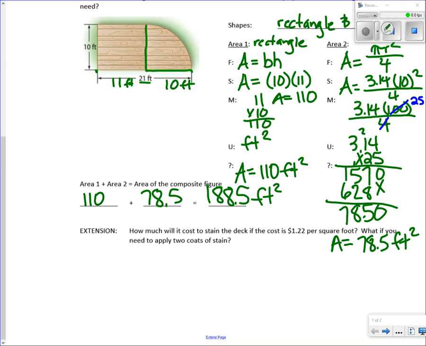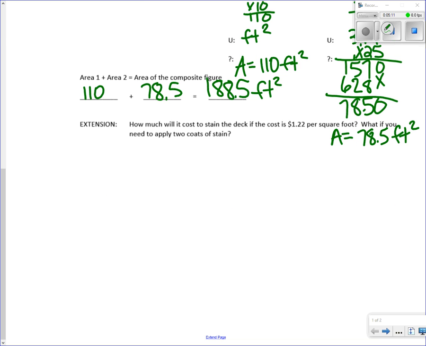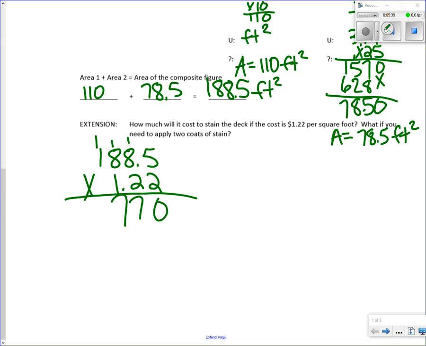Now, an extension to that is, how much will it cost to stain the deck if it costs $1.22 per square foot? What if you need to apply 2 coats of stain? So we're just going to take our square footage, which is 188.5, and multiply that by $1.22. 2 times that is... Now I'm multiplying by my second 2, which is going to be the same.